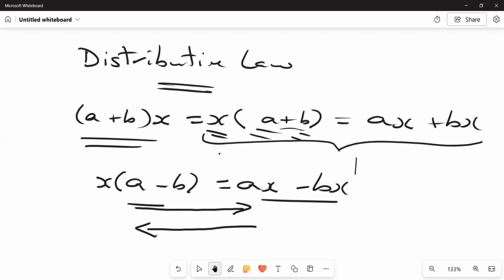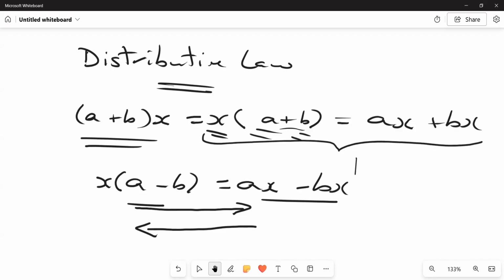So the distributive law is very, very important in removing a bracket, maybe because you want to simplify something, or to factorize something. We use it in both ways. Later on you'll see how important it is.